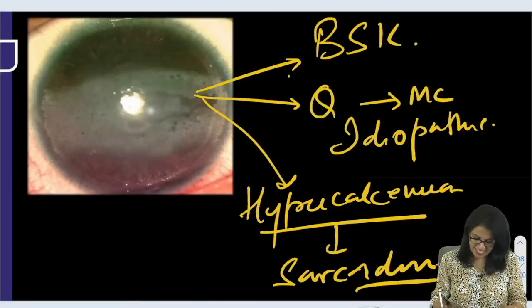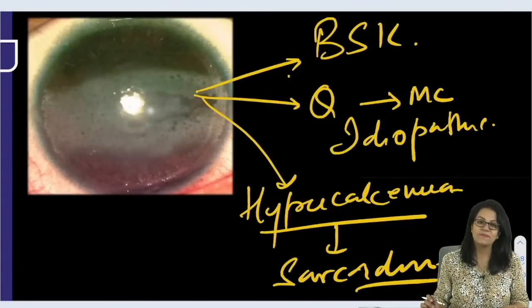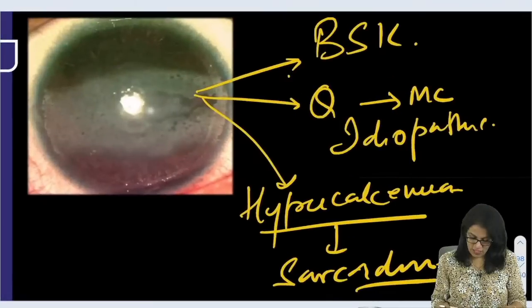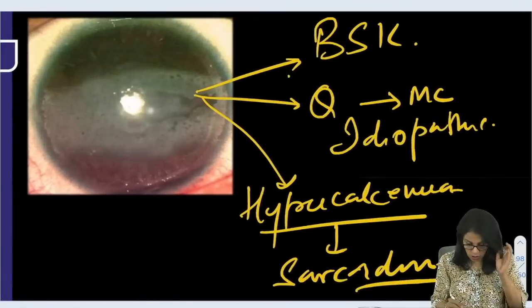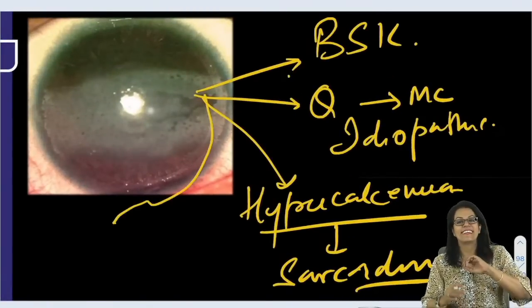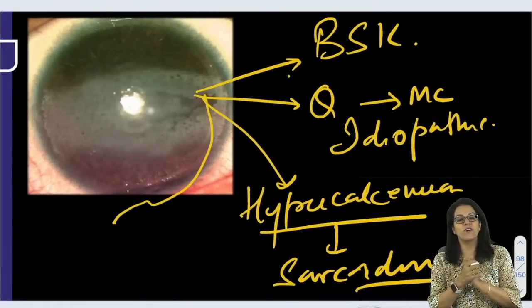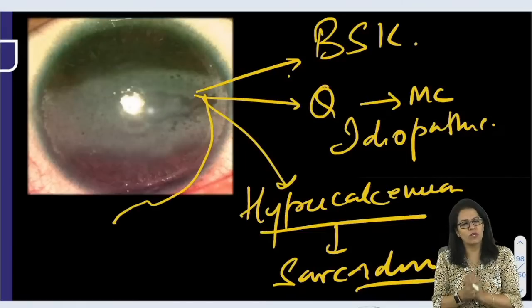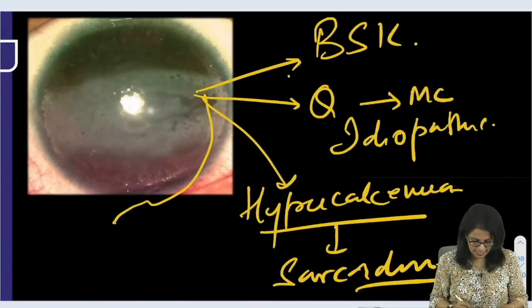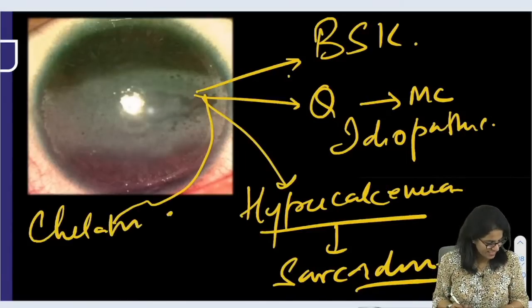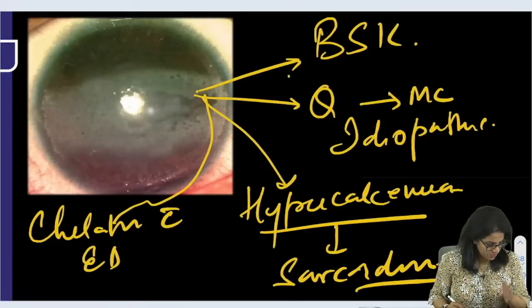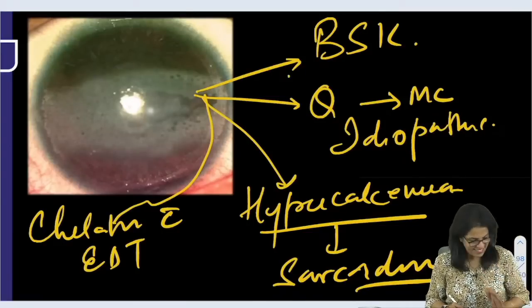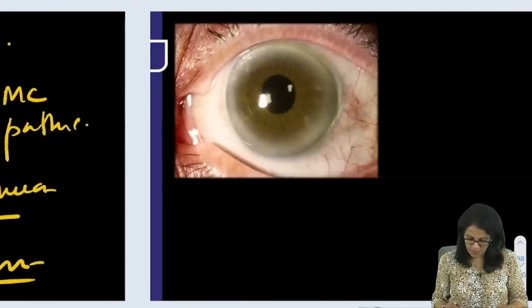We will remember this, sarcoidosis. These are the questions, and they have also asked you about the treatment. What is the treatment of band shaped keratopathy? Very simple, chelation with EDTA. Very good, all of you answering correct. Nice. Let's move ahead.